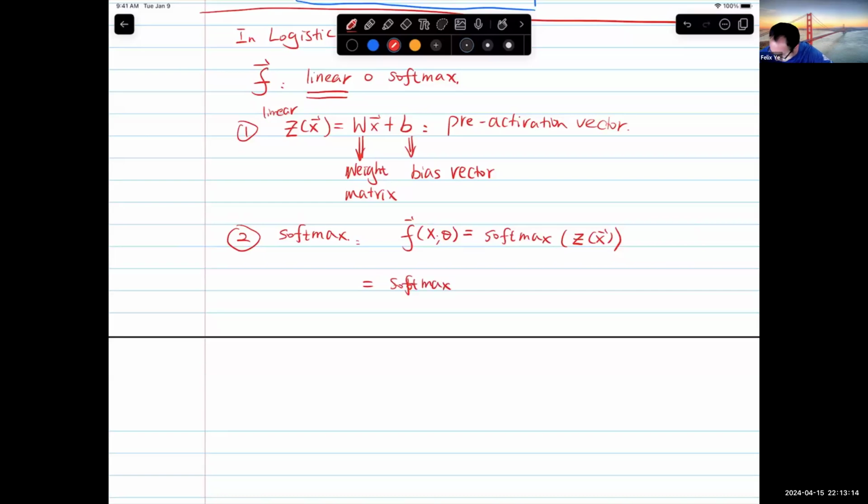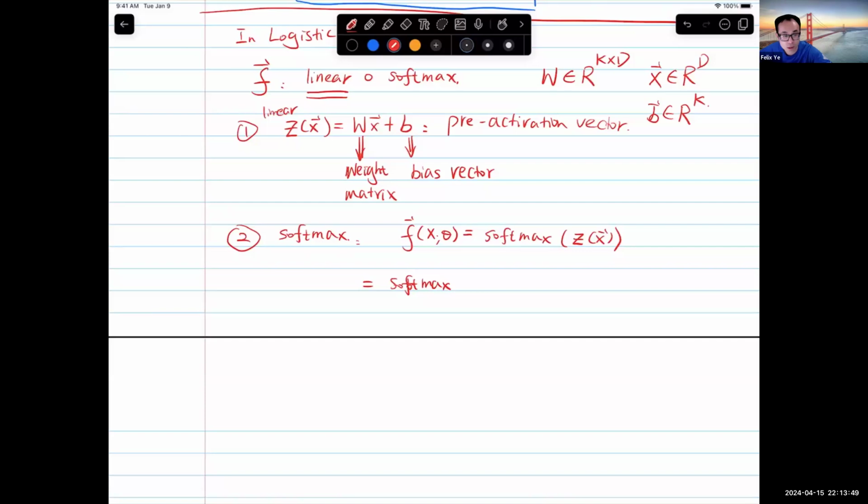So you think about W as a matrix, right? W is in R^(K by D), and your x is in R^D, and your b, the bias, is actually, no, I think b is in R^K. Okay, so this is softmax.